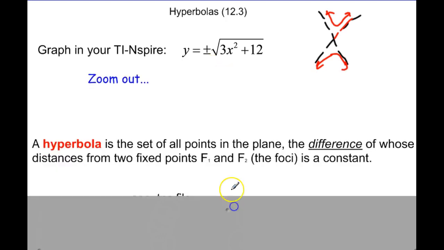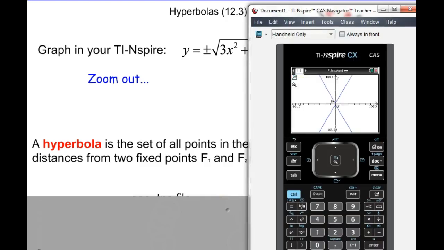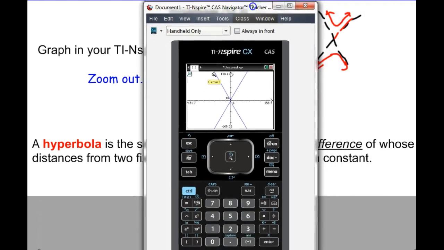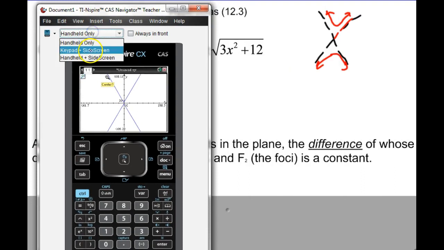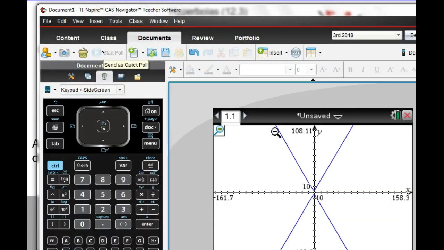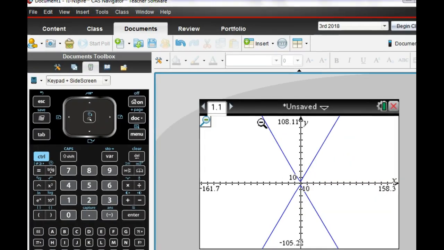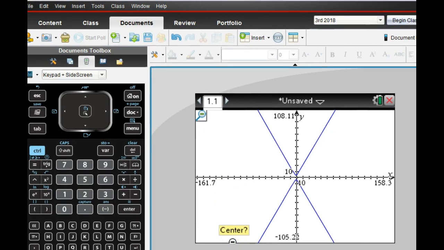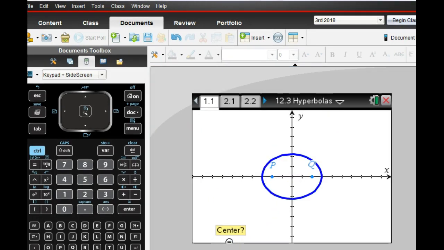This is the formal definition of a hyperbola. It looks a little bit like an ellipse. I want you to see what this looks like. Let's go to this document.